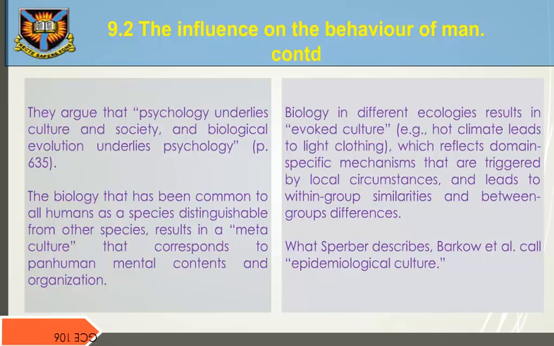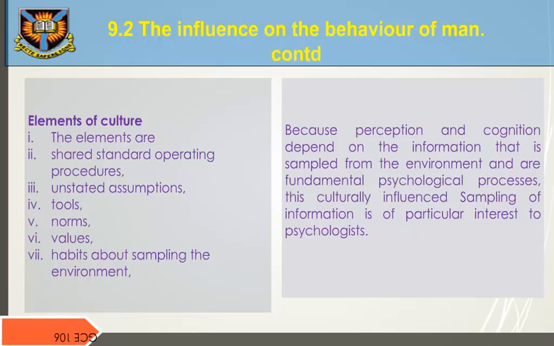For example, hot climate leads to light clothing, which reflects domain-specific mechanisms that are triggered by local circumstances and leads to within-group similarities and between-group differences. What Sperber describes, Bakalov and others call epidemiological culture.